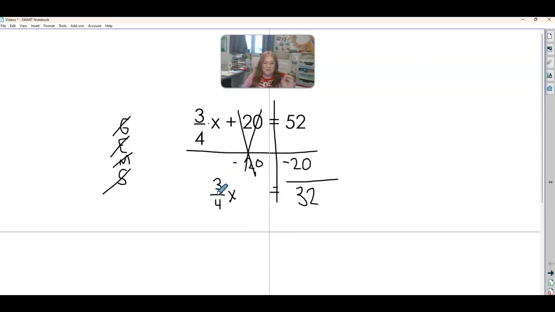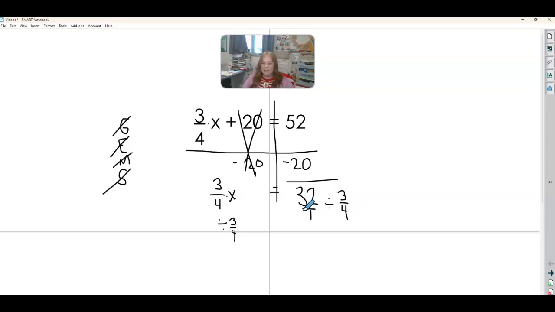So now we're coming here and we need to undo this next step, the last one we have. So we have this coefficient 3/4 of x. Now, we know this means times, so the opposite is divide. So we need to divide by 3/4, which makes us over here need to divide by 3/4. So this is 32 over 1.